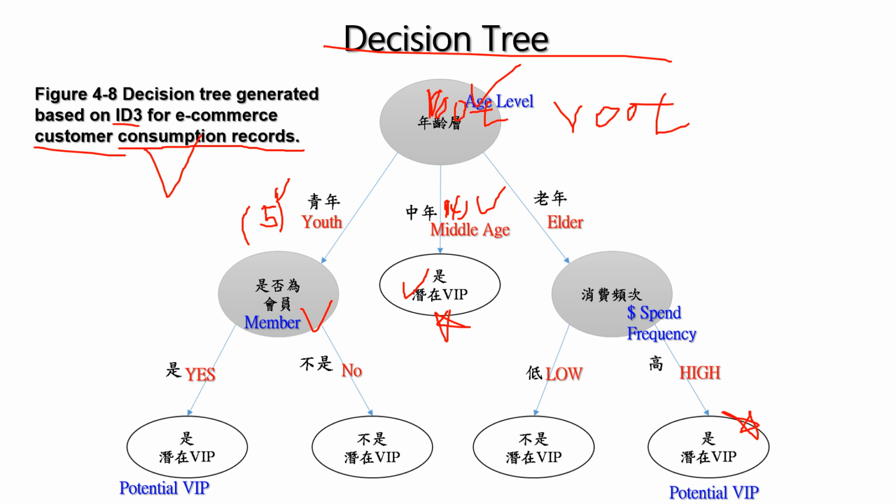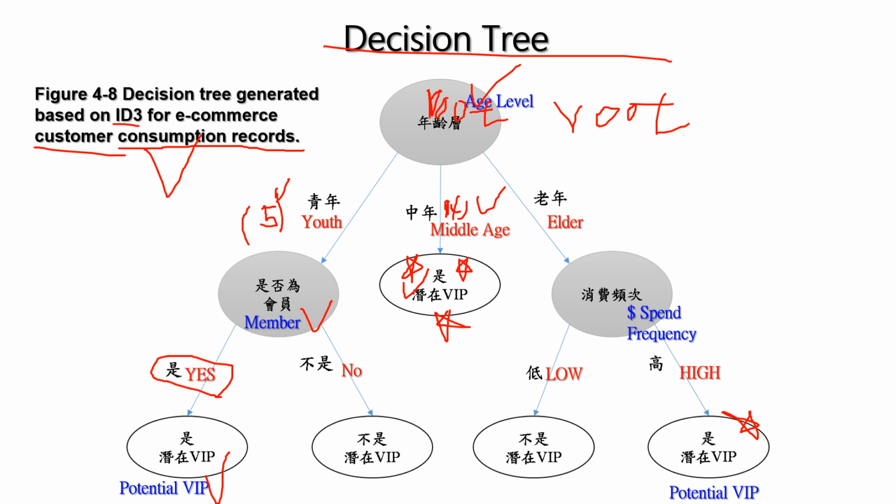So for the management, I mean, we have to focus on the middle age, right? Middle age, such as me, the teacher is middle age, right? So this is a potential VIP, okay? And member, yes, potential VIP.